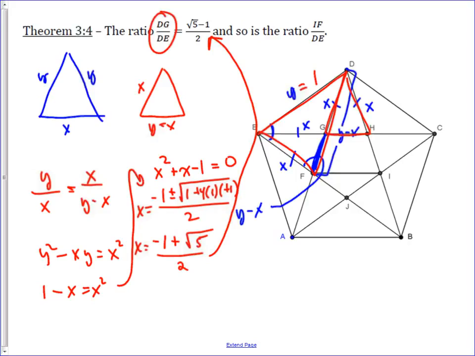Notice that allows us also to find out what GH is, because GH is Y minus X. So in this example, GH would equal 1 minus the X value, which was negative 1 plus root 5 over 2. And so that's like 2 over 2 minus a negative 1, so it'd give you 3 minus root 5 over 2.